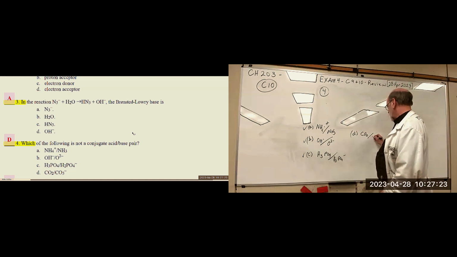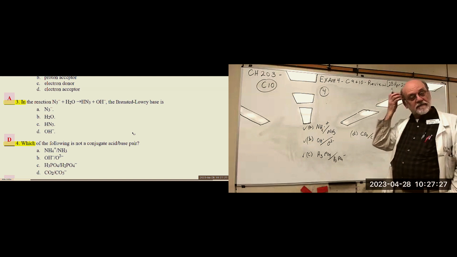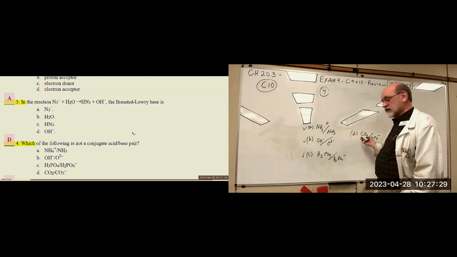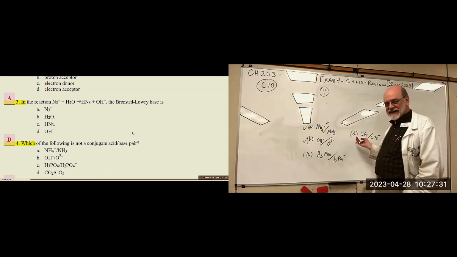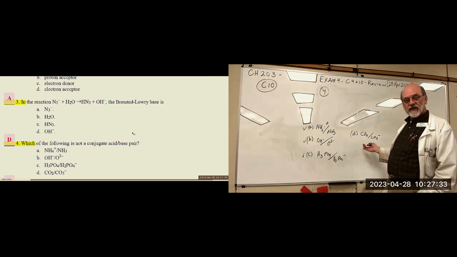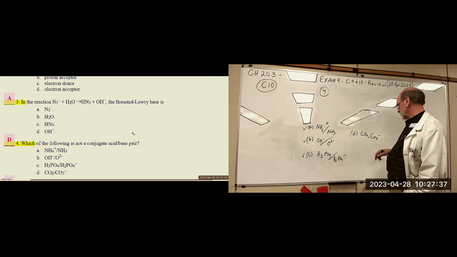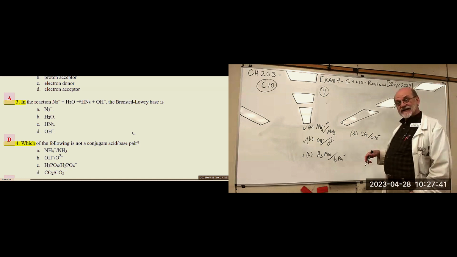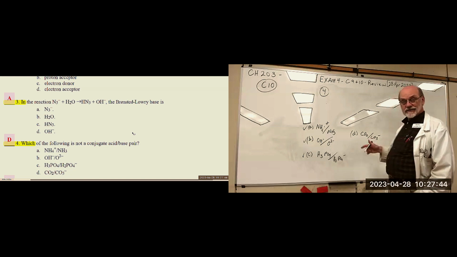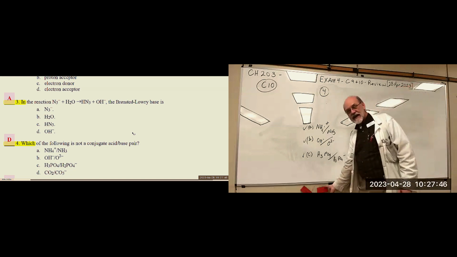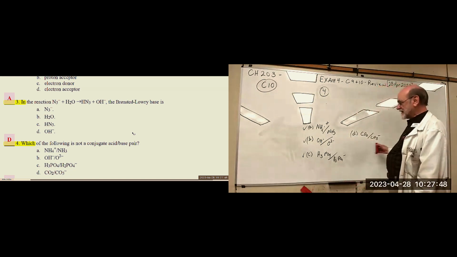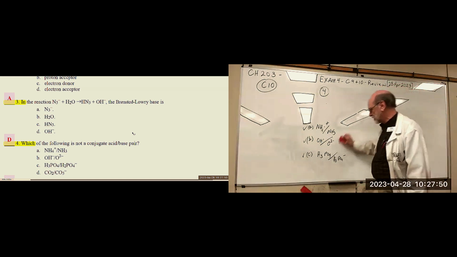The first thing that's wrong with this one is there's no hydrogen, so we throw this one out. What has it done? It actually added an oxygen. So that's not an acid-base pair. D is the answer. It's the wrong one.